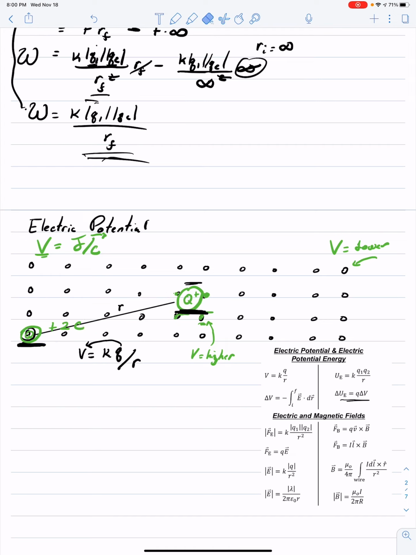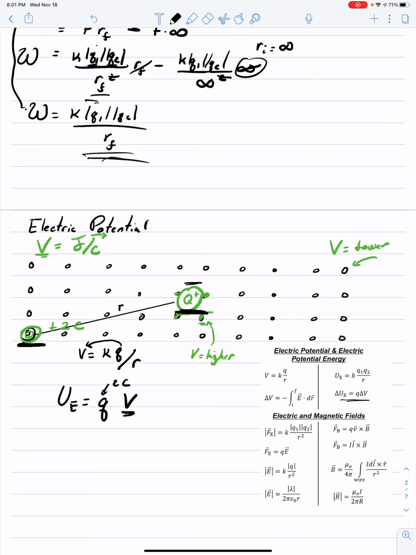For this situation, U equals Q, which is the new charge, 2 coulomb, times V. Right now we're only looking at that one specific spot, there's no change in electric potential.